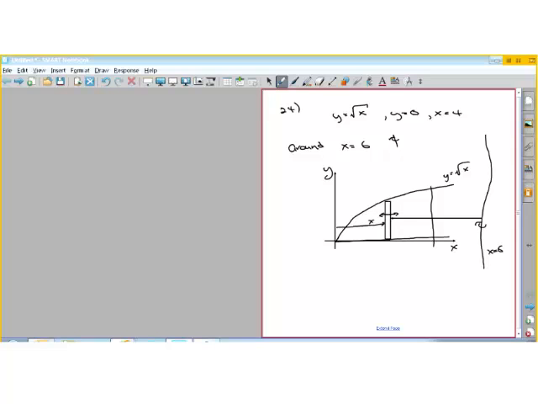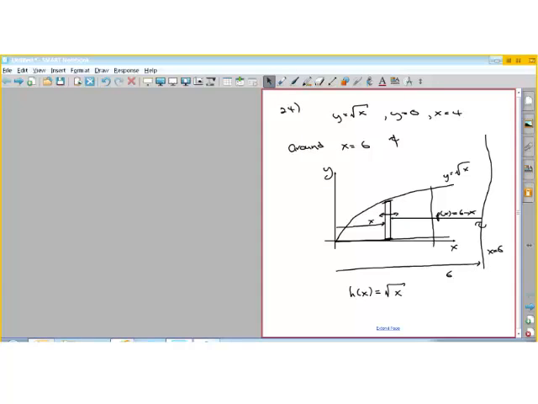This whole distance here is 6. And therefore, p of x is 6 minus x. H of x is this side minus that side. Well, this side is 0. So h of x is just equal to the square root of x.